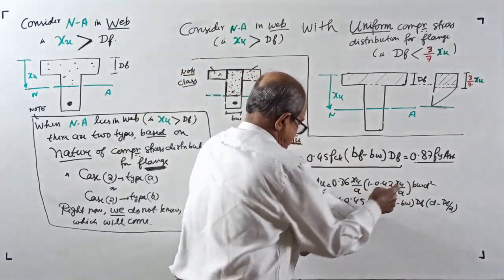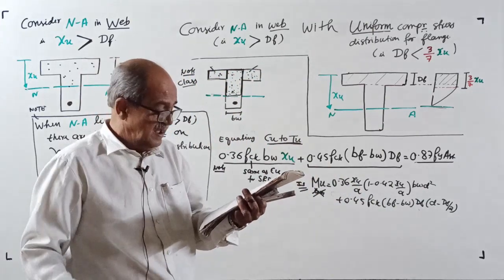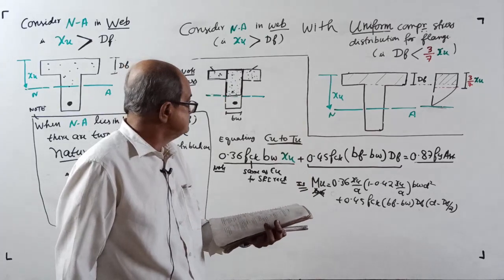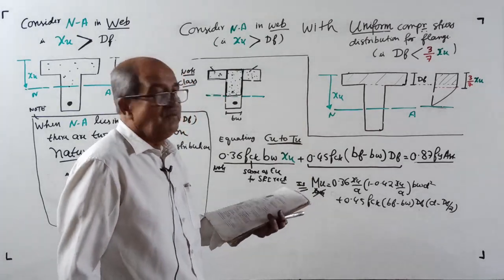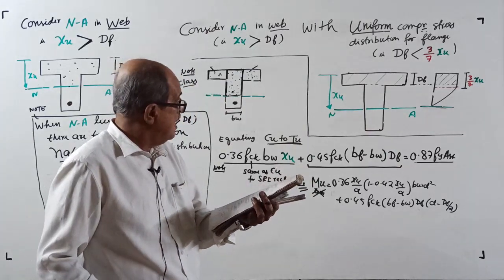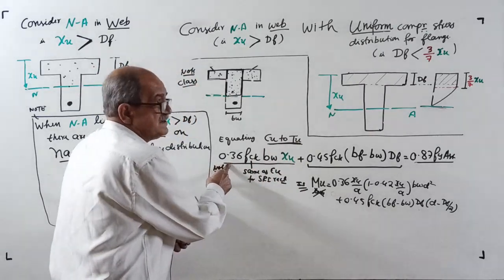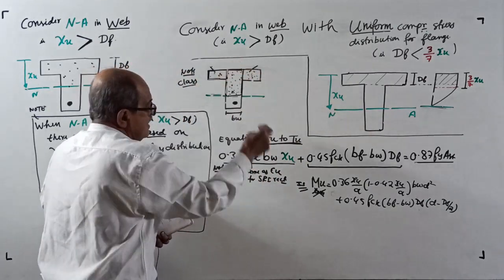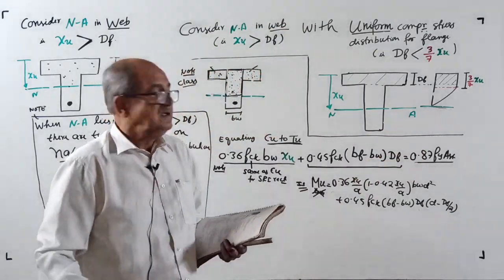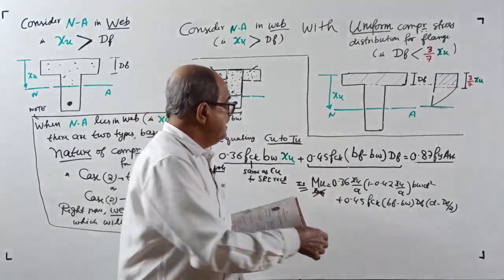This equation is given: 0.36 into xu max by D; no, take xu by D into 1 minus 0.42 xu max by D into fck bw D square. That's the equation given there. Now how to remember: the first term is for the rectangle, same as singly reinforced. The RHS is always constant. For the second term, take it without the bracket.